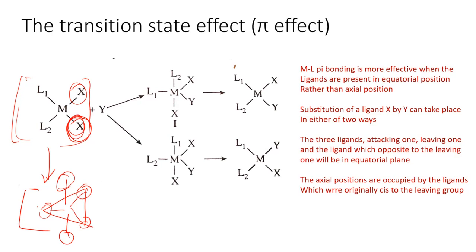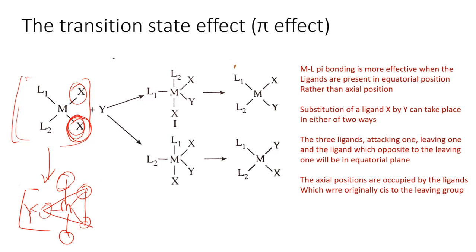So which ligands will occupy the equatorial positions and which will be placed at the axial positions? The central atom would be M, and Y is attacking, so definitely Y would be in the equatorial plane.